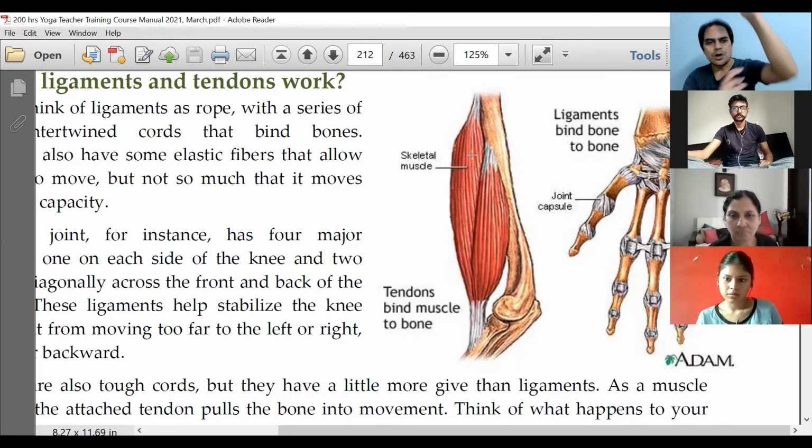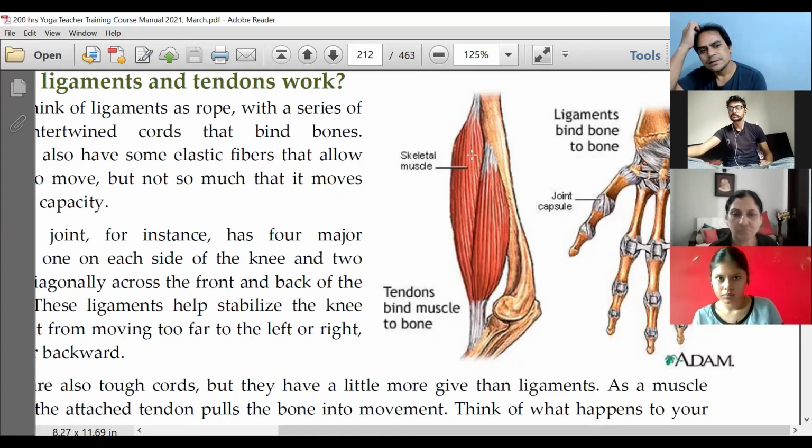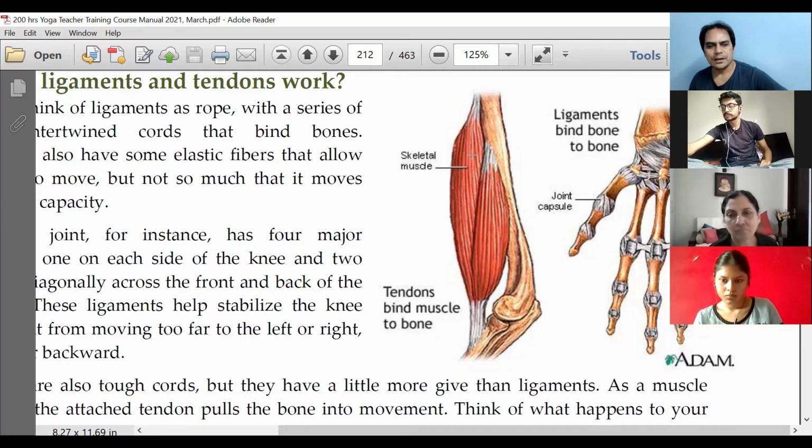Skeletal muscles are all these biceps, triceps, all these chest muscles. All these muscles are called skeletal muscle. Clear? And smooth muscles are in all internal organs, which are made of very smooth muscle, like kidneys, liver, stomach, intestines, lungs.